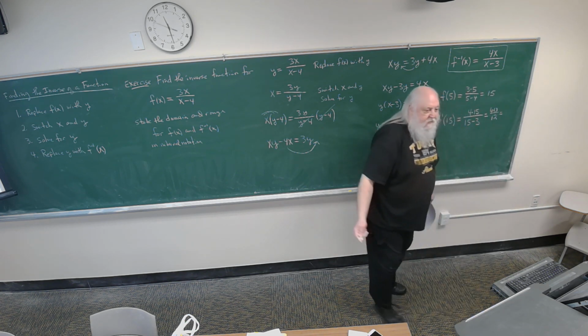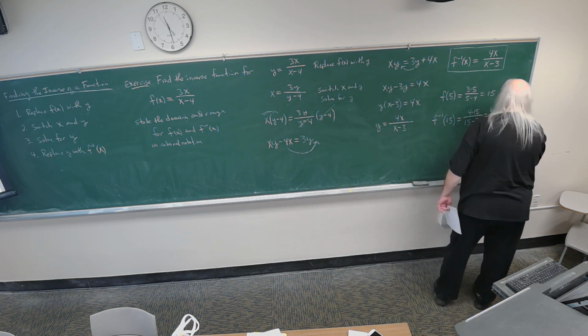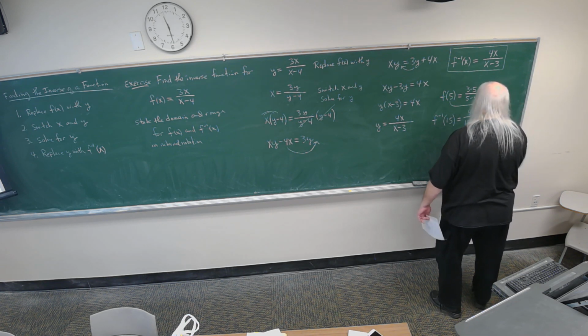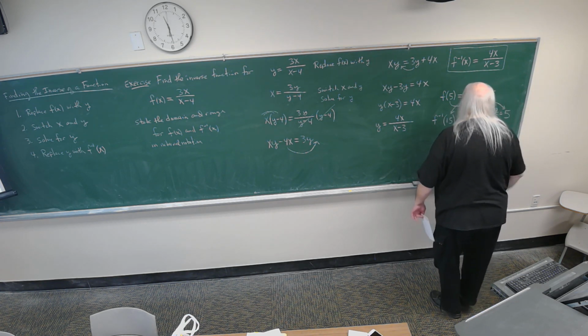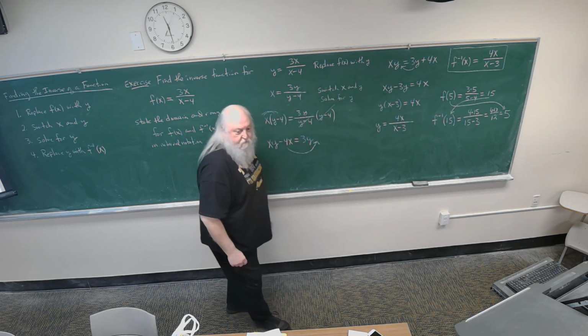And 60 divided by 12 is 5. So what goes into f of x comes out of the inverse, and what comes out of f of x goes into the inverse, right?